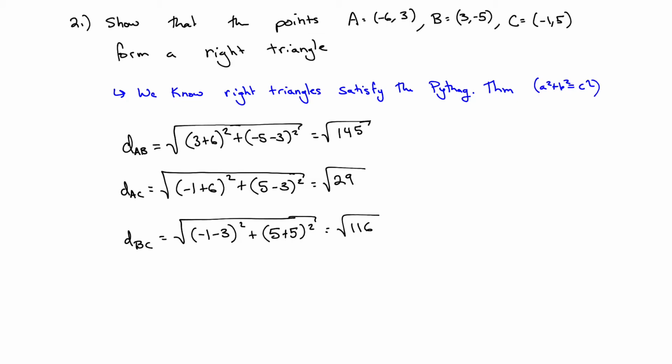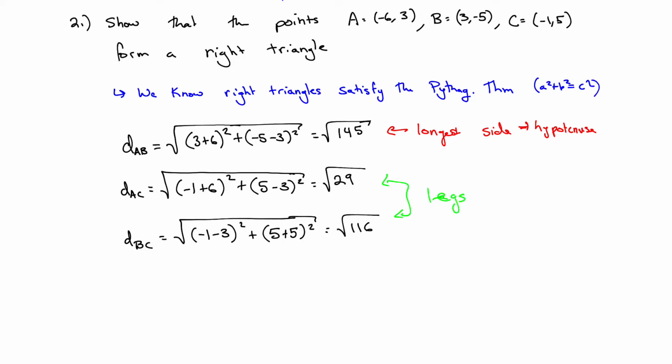Our proposed hypotenuse should be the longest side. This is the longest side, right? Because square root of 145 is going to be the biggest number. So that means this is the hypotenuse, and then these two are going to be the legs.